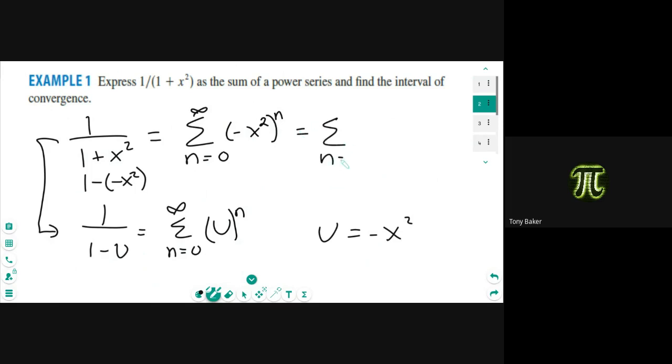We want to make a couple quick modifications so that it looks like the proper formatting. The first one is we pull out the -1 to the nth power, because that makes it an alternating series. And this one now just becomes x to the 2n.